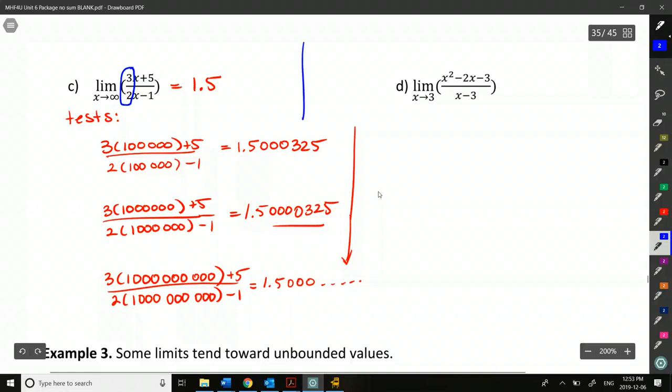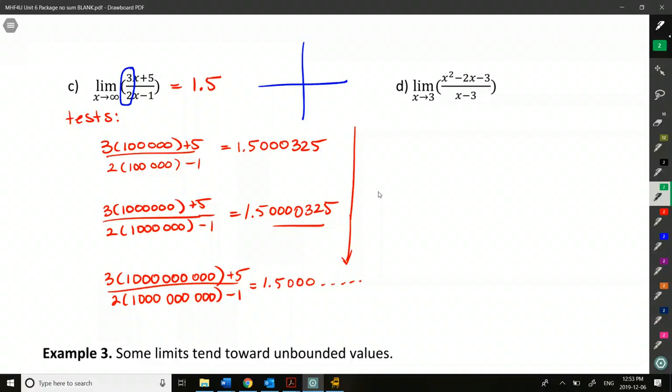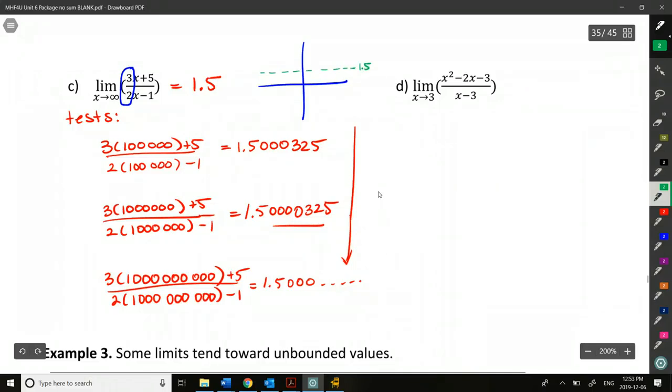So we have a function that kind of looks like this. It's like when I have a linear function divided by a linear function, it's one of those hyperbolic functions, and it has a horizontal asymptote at 1.5. I'm not sure exactly whether it curves like this or opposite, but for our time's sake, we have some kind of function that is approaching the asymptote as x approaches positive and negative infinity.